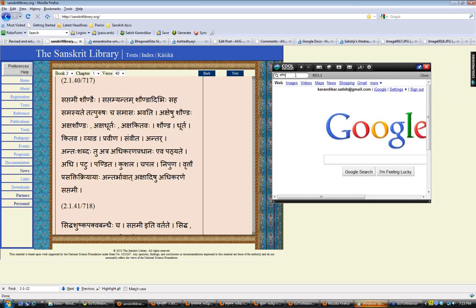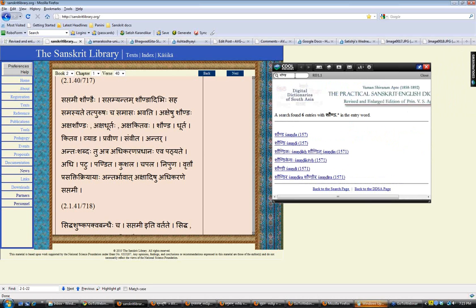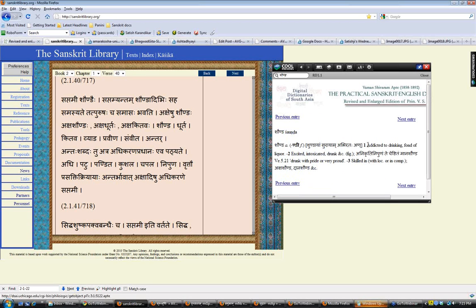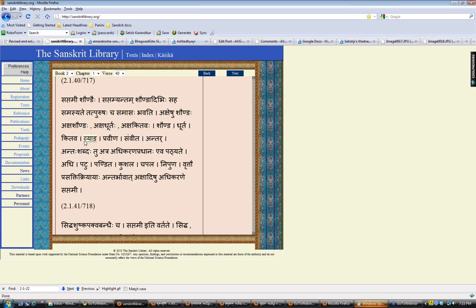Now, what I said to you before is that the fact that Panini is doing a Samasa Vidhanam means that Saptami is possible. Aksheshu Shaundaha is a Saptami, addicted to drinking, skilled with. One who is skilled in something, almost addicted to something. You can look at some of these words, Pravinaha, Vyaraha, but I think most of these already come under the Vishaya Saptami.